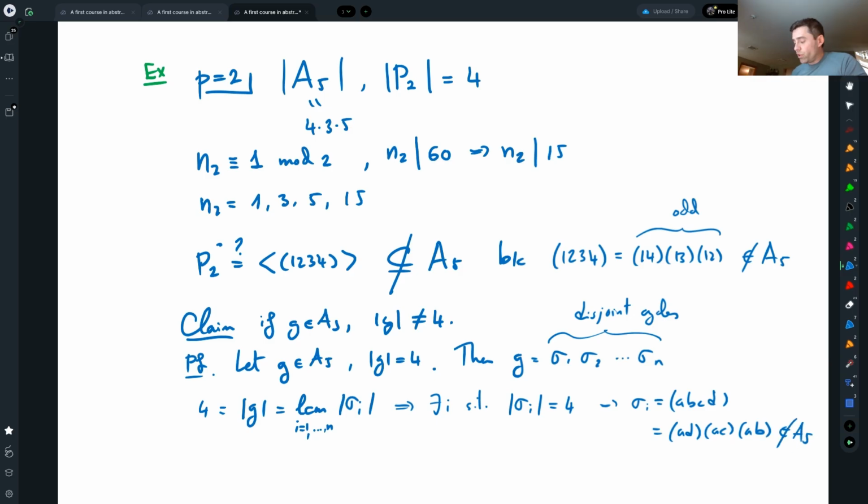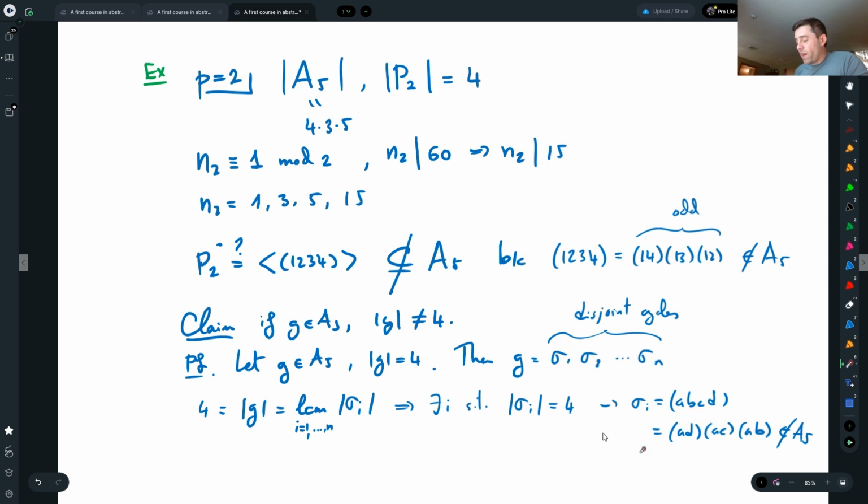And this is a contradiction, because we have proved that any element of S5 has an expression as a product of disjoint cycles, and maybe there are 2 elements that are not in A5 but their product is in A5.